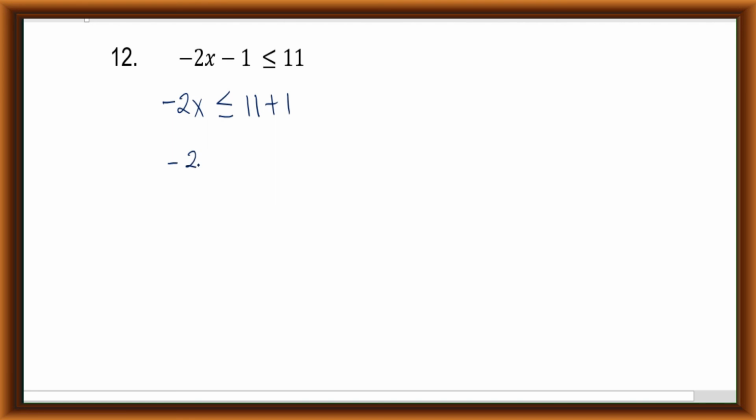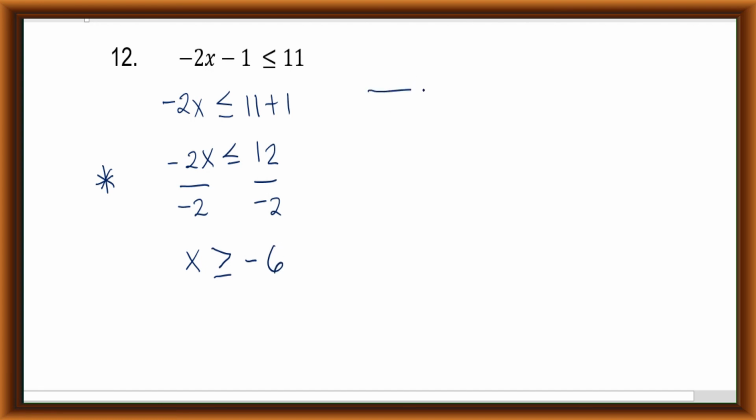So you have negative 2x is less than or equal to 12. Then divide both sides by negative 2. Again, reminder, if we apply the multiplication property of inequality, we will change the direction of the inequality. A while ago, we had less than or equal to. So this time, we will have x is greater than or equal to negative 6.